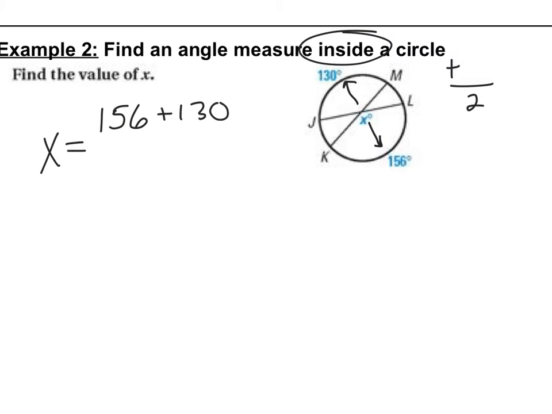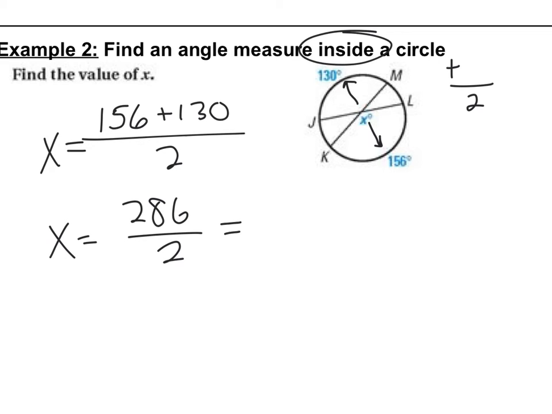We'll add those two together, and then we'll divide by 2. 286 divided by 2 will give us 143. So the angle measure here is 143 degrees. Again, inside the circle, add together, divide by 2. And it's always the angle measure from the intercepted arc and its vertical angle.